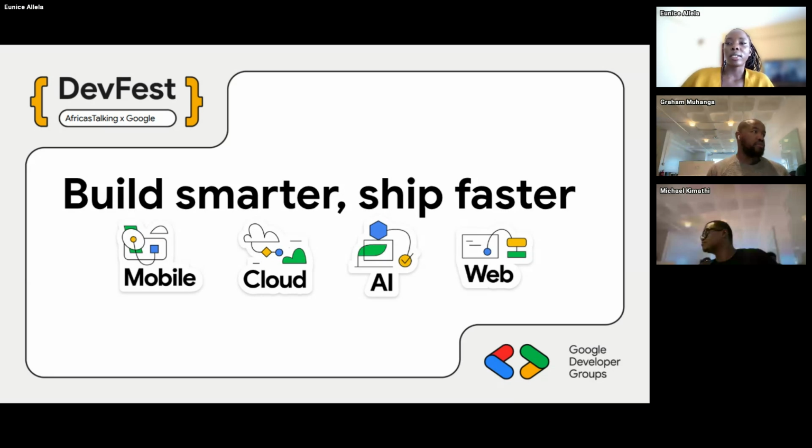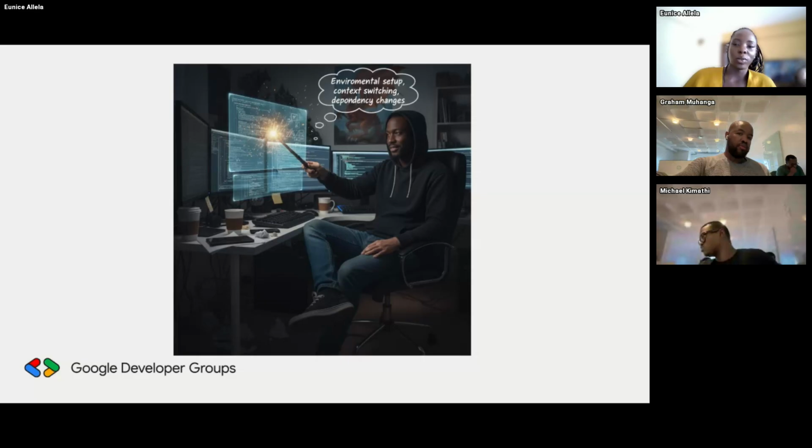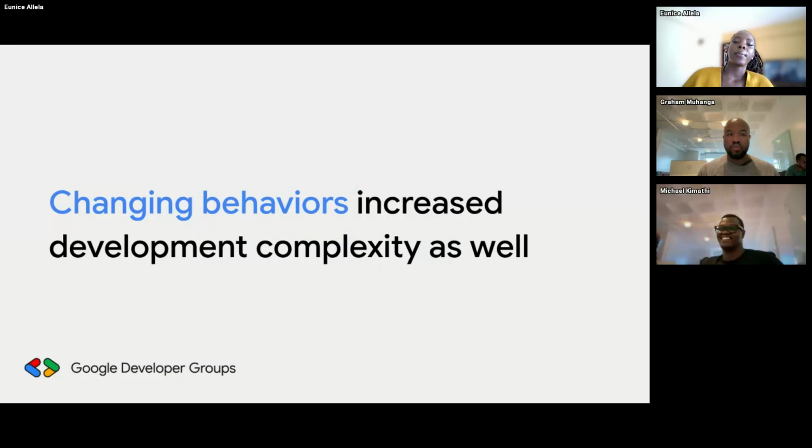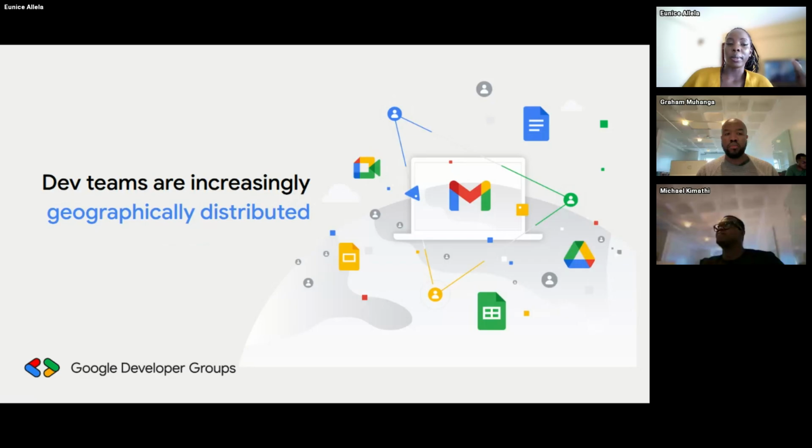And so before I jump onto what I'm supposed to cover, it would be good for us to think about why this is important. Every day developers struggle with things like environmental setup, context switching, dependency changes, just keeping up with tech in general, right? And with all these changing behaviors, there's increased development complexity, which is something we need to remember.